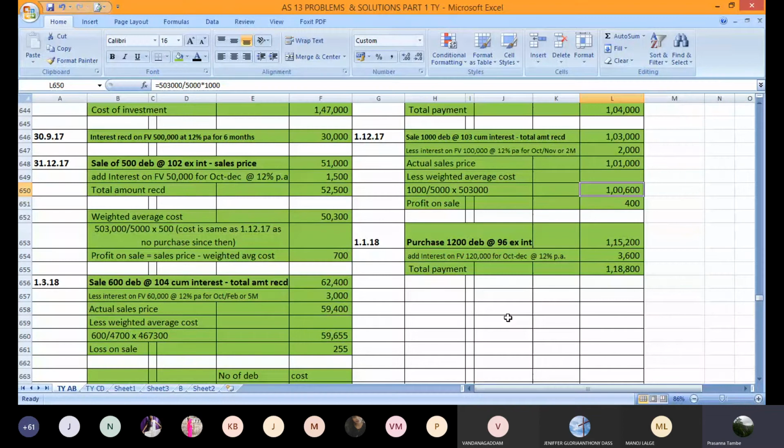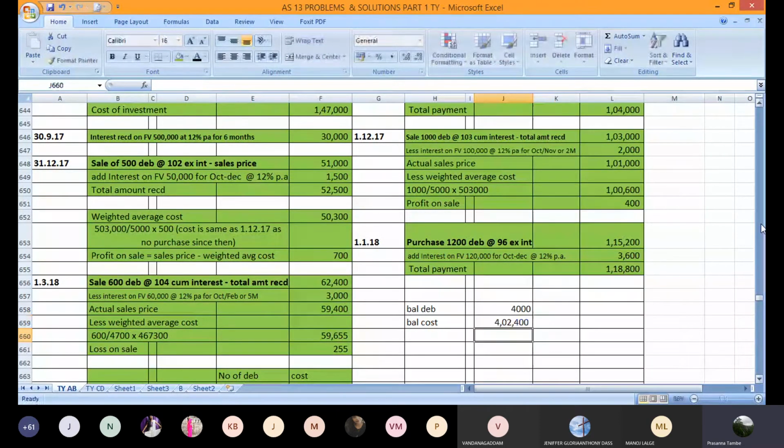Let me tell you. The balance debentures are 4,000. The balance cost will be the total cost of 5,03,000 minus this 1,06,000 that went out. So what is the weighted average cost?